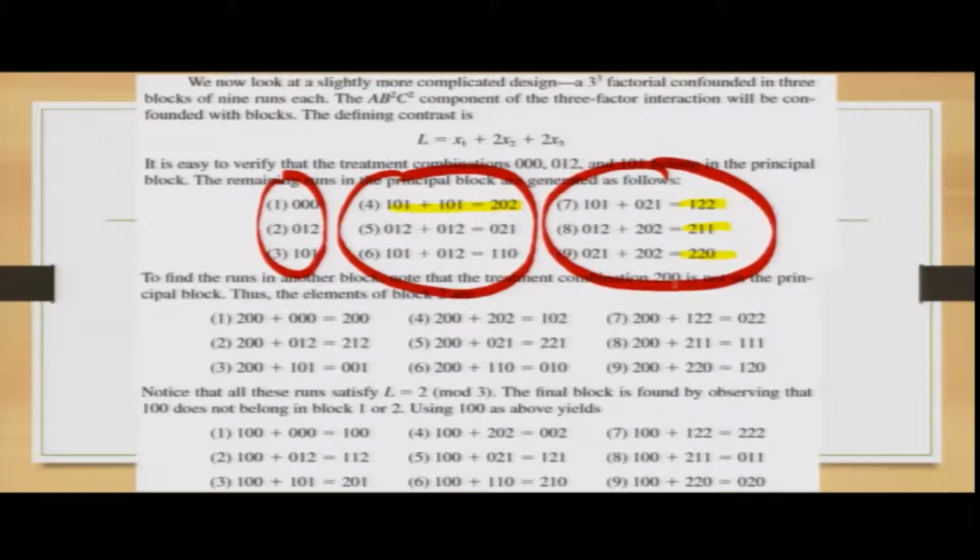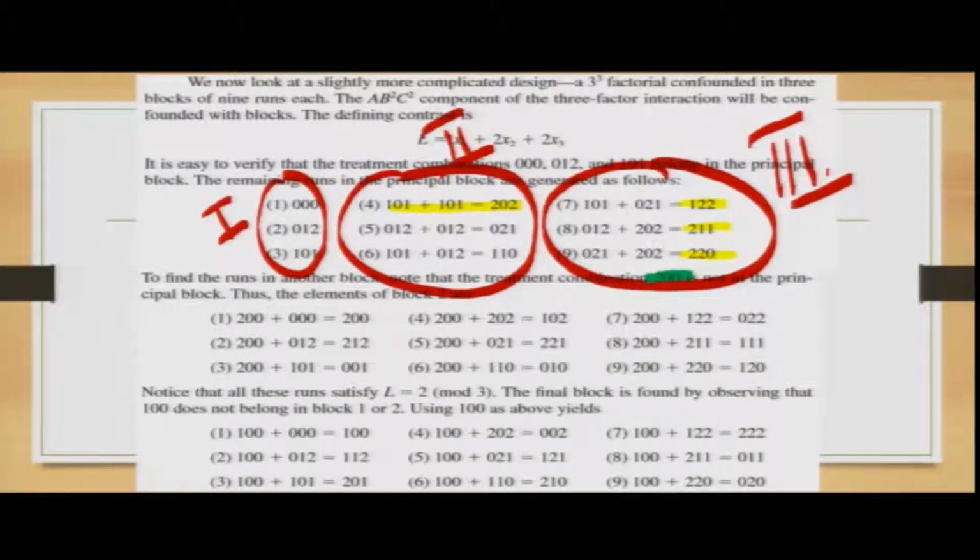If you consider this 200, this one is not in the principal block. Principal block means where I am hovering my cursor. So, these are block 1, block 2, block 3.